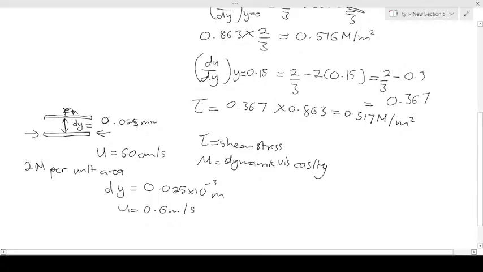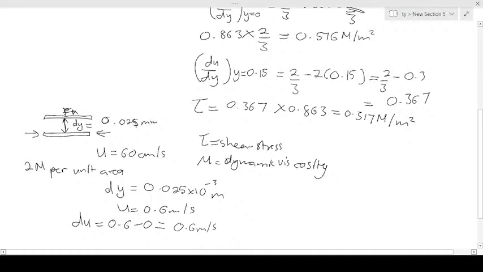Now our change in velocity is going to be 0.6 minus 0, because the initial velocity was 0, unless otherwise stated. Therefore the change in velocity is 0.6 meters per second.